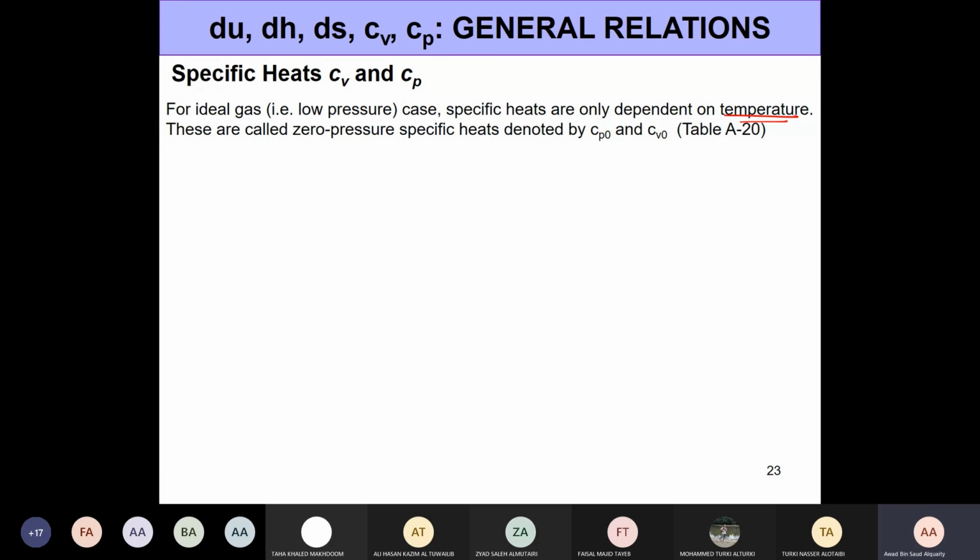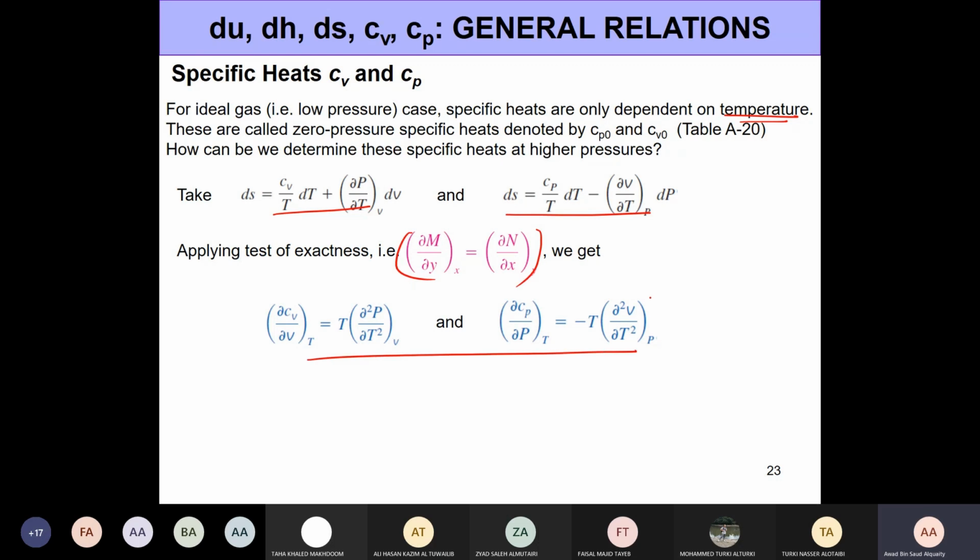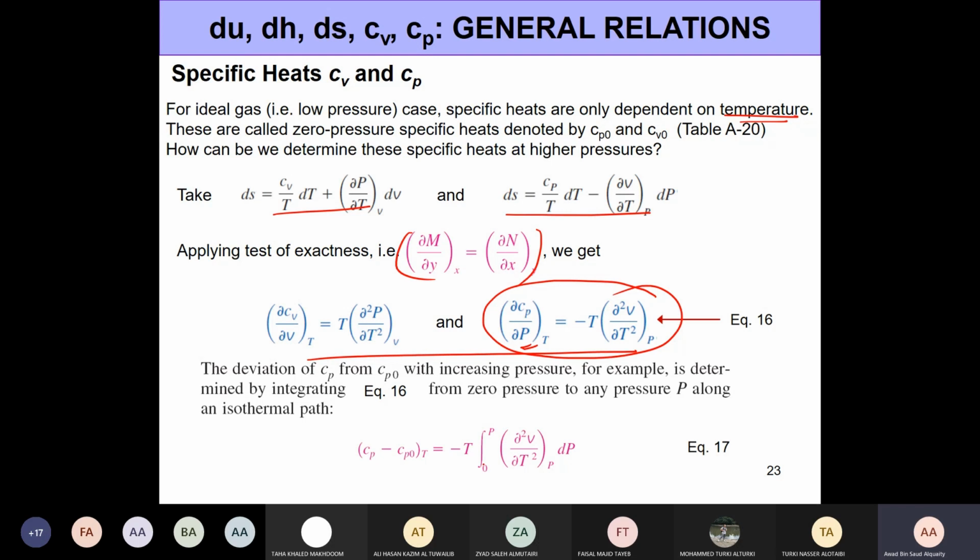The way we could do that is by coming up with another expression, and that's what we did in the last class. We started with this expression for entropy and then applied the test of exactness to end up with these two equations. Here we said we'll integrate the Cp part because it has the dP component, so you integrate equation 16 from zero pressure to the pressure that you want, and this is the formula that's going to give you the Cp at any pressure and temperature.